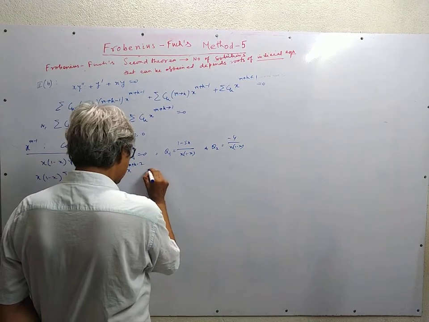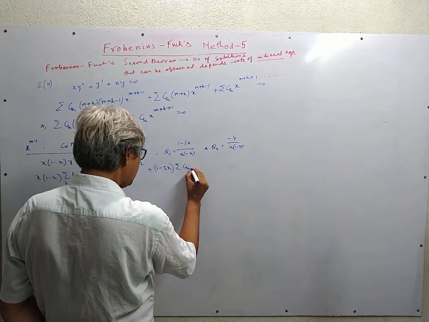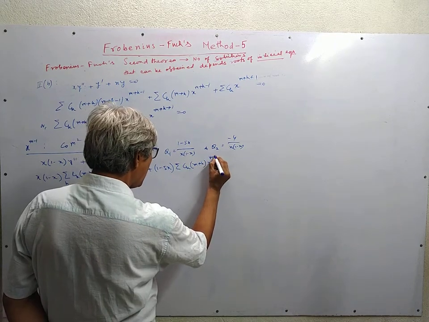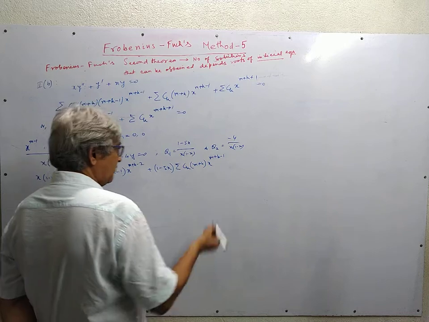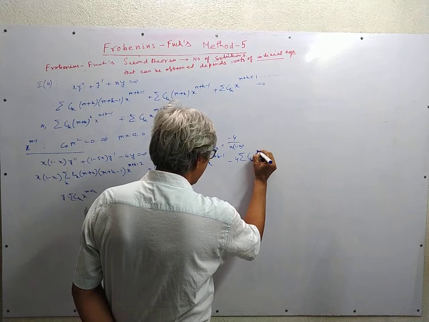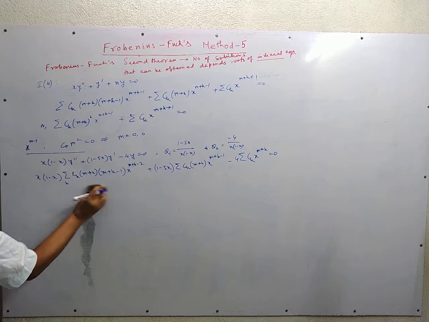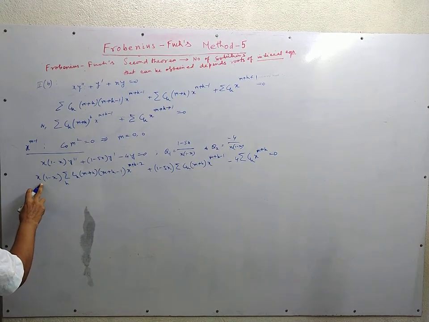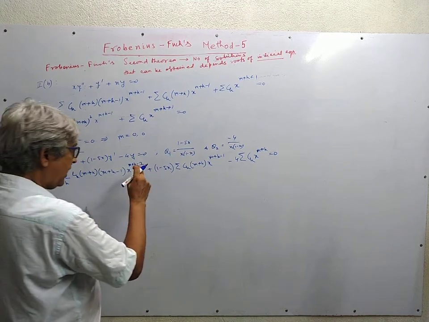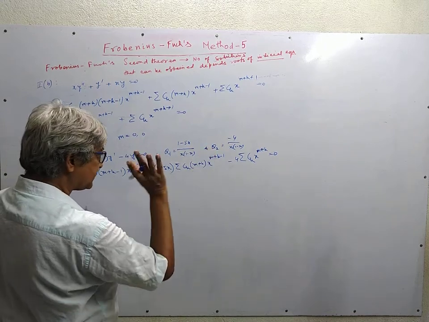Then for this term we have 1 minus 5x, and for the last term minus 4 summation over ck. Now you see that if we multiply this x with this, the power will be x to the power m plus k minus 1, and when this is multiplied with this we will have the same power.